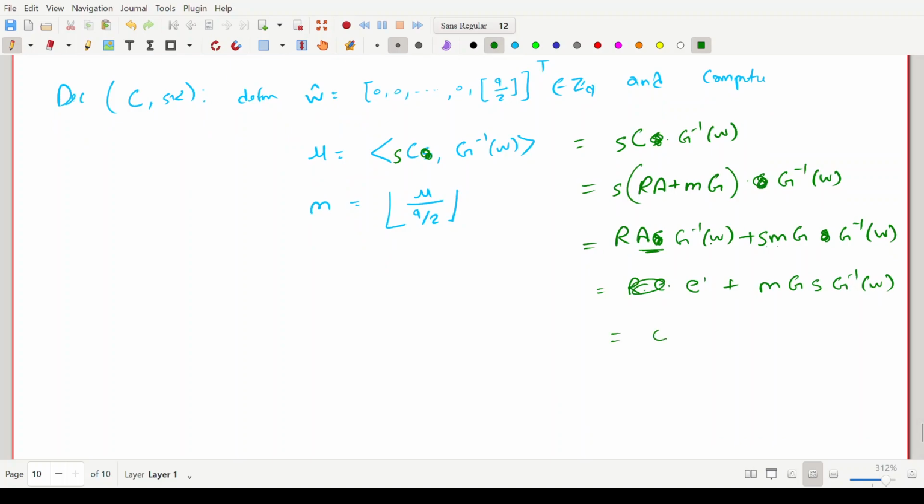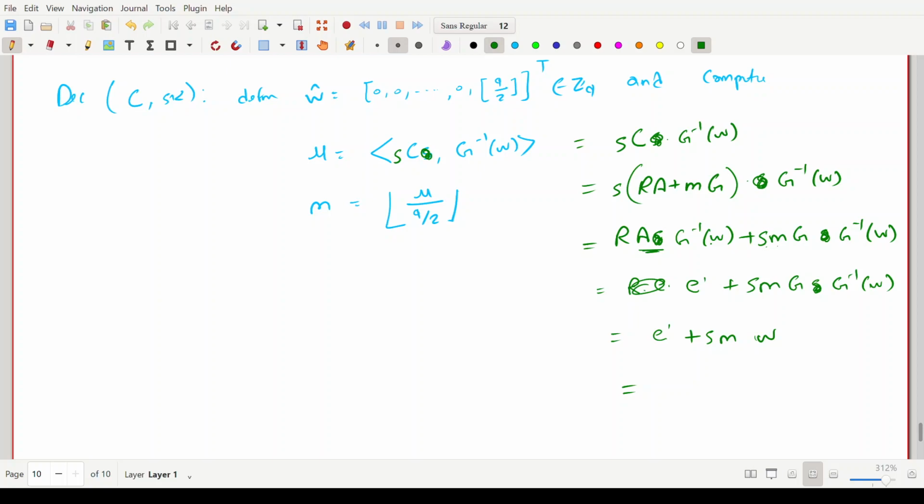So we are having some error, plus this will be M into, no, sorry, this is SM. SM into this, S won't be here. This will be just W. Okay. And what do you know about W? Everybody is 0 and the last coordinate is q by 2.